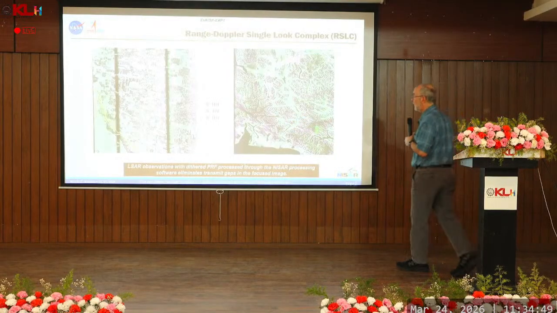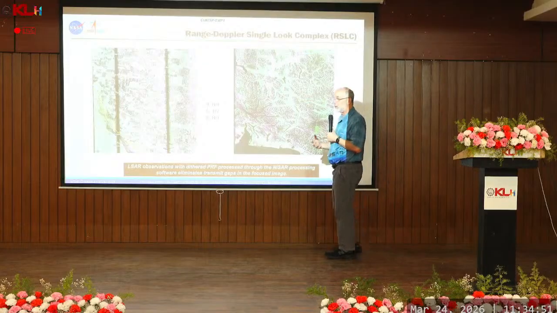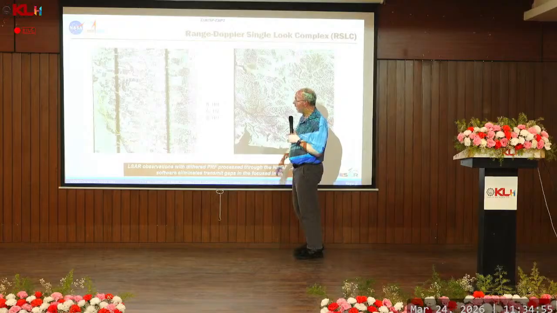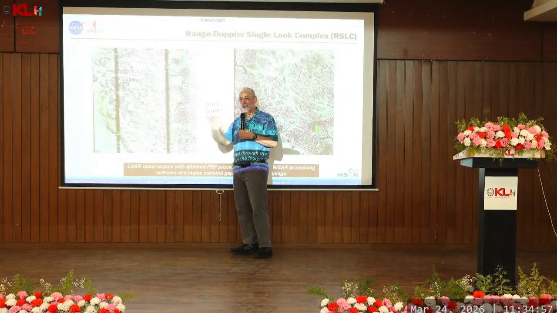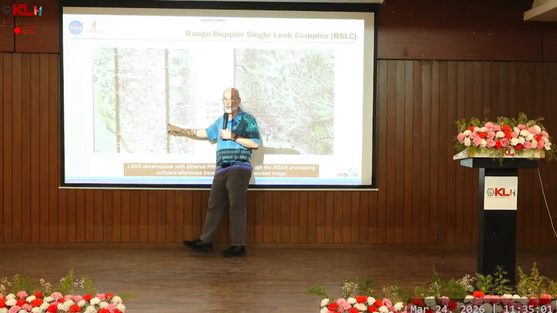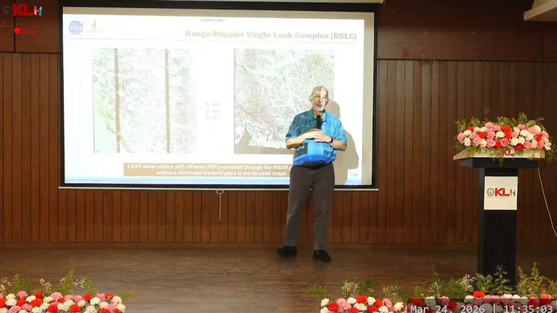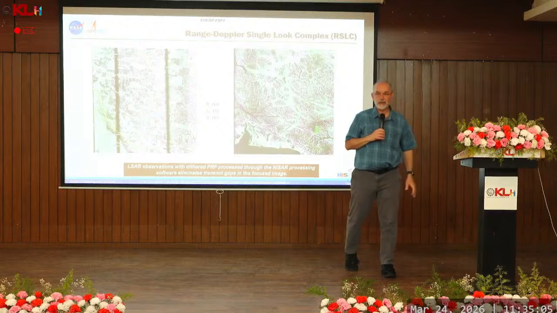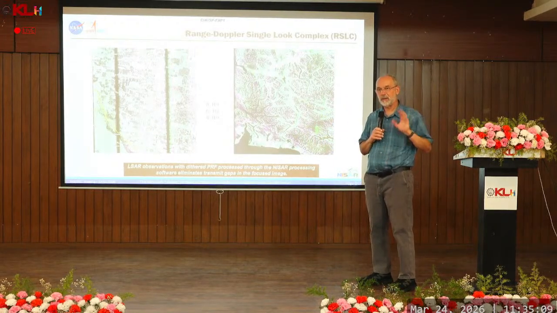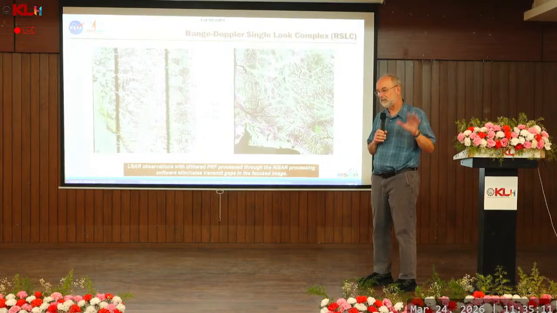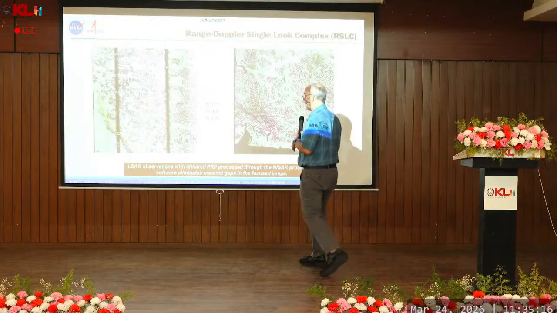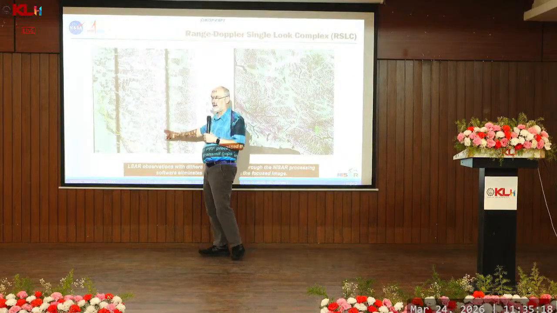So I mentioned earlier that we have two fundamental observation methodologies. One is with a fixed pulse rate, and that leads to these gaps across the swath. Generally, for single pole or dual pole data, these don't exist. But for the quad pole data, because of the nature of the ambiguities that I'm going to go into, we have to operate with a fixed PRF.